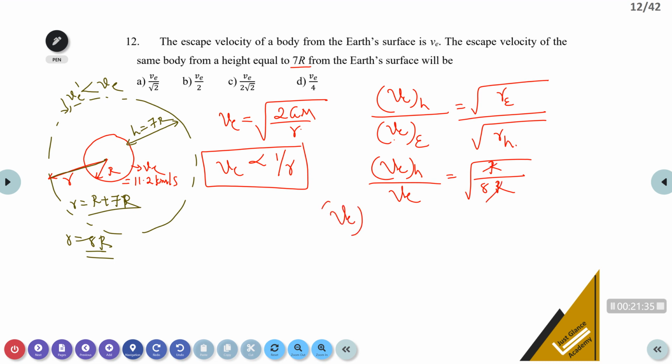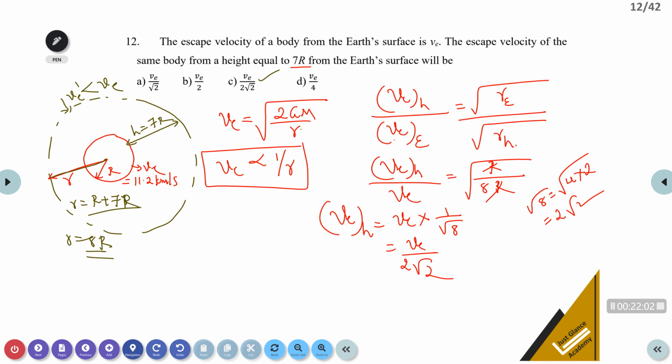So V at height h equals V into 1 by square root of 8. Can I write it like this, 1 by square root of 8 as 2 root 2? So V divided by 2 root 2, because square root of 8 is square root of 4 into 2, which equals 2 root 2.